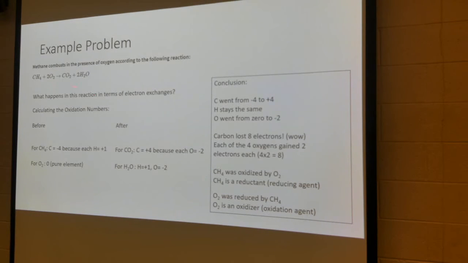And the oxygen that started as 0 and ended up as -2 was reduced. It just got electrons. Because it gained 2 electrons for each of the 4 oxygens, O2 is an oxidizer. O2 is an oxidizing agent, promoting the oxidation of the methane.